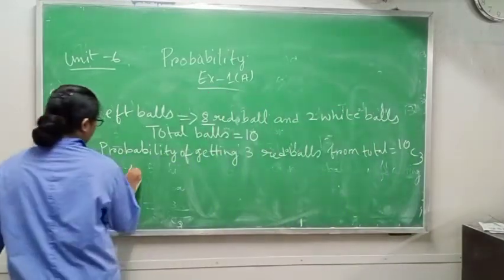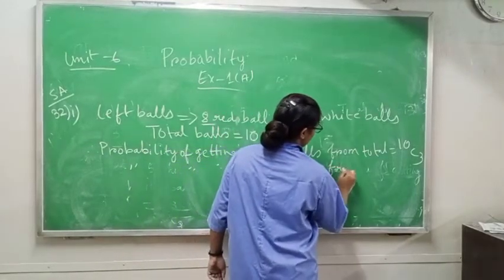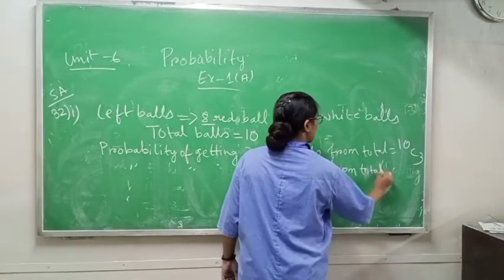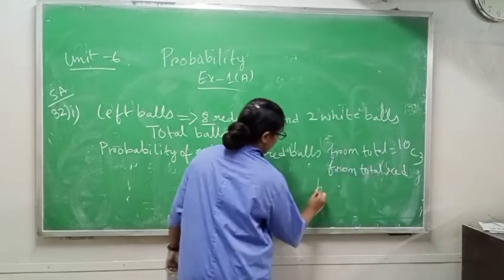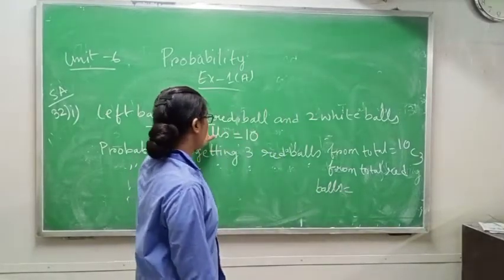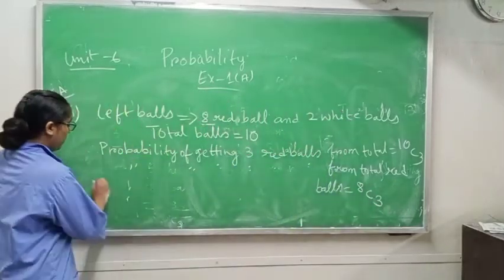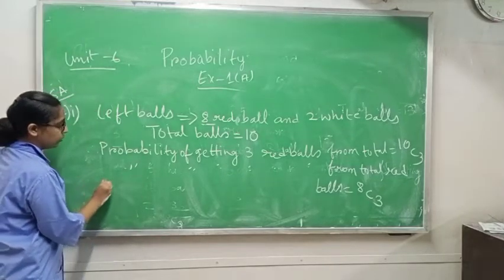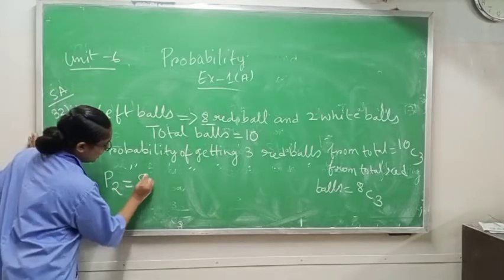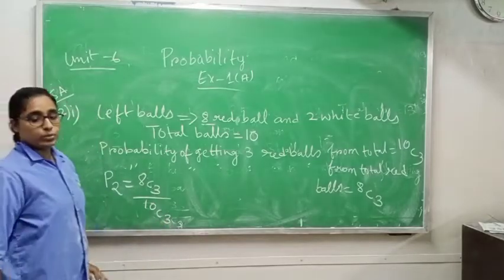Now for 3 red balls from total red balls, how many red balls do we have? We have 8 red balls. From 8 we can take out 3. This is 8C3. Therefore, probability of getting red balls, I am writing P2, which will be 8C3 by 10C3. Understood up to here?